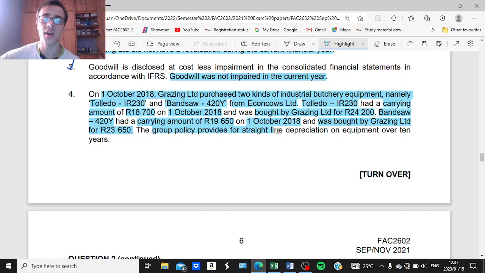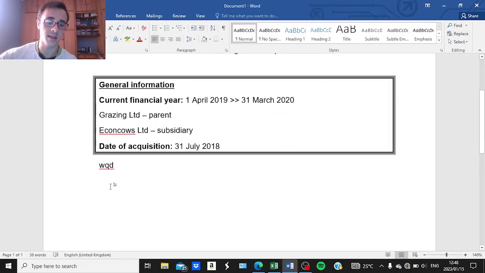The group policy provides for straight line depreciation on equipment over 10 years, so that will translate to 10% per annum. So the depreciation is provided for at 10% per annum according to this straight line method. Let us first make a heading right here.